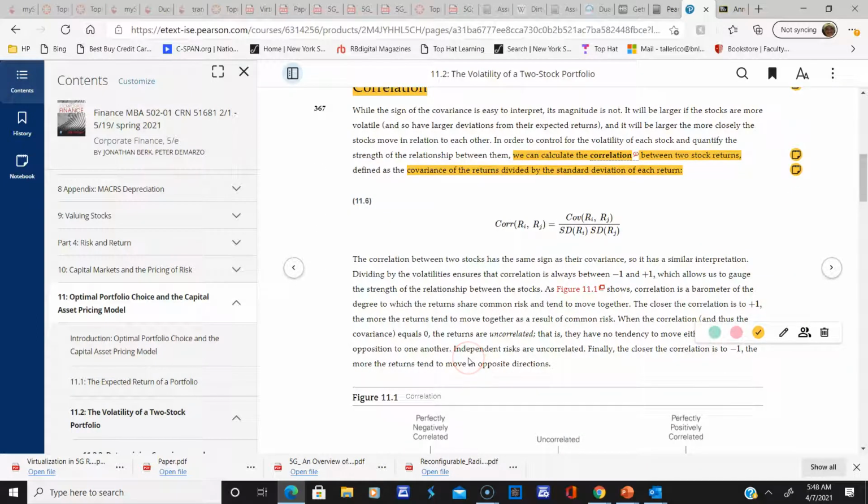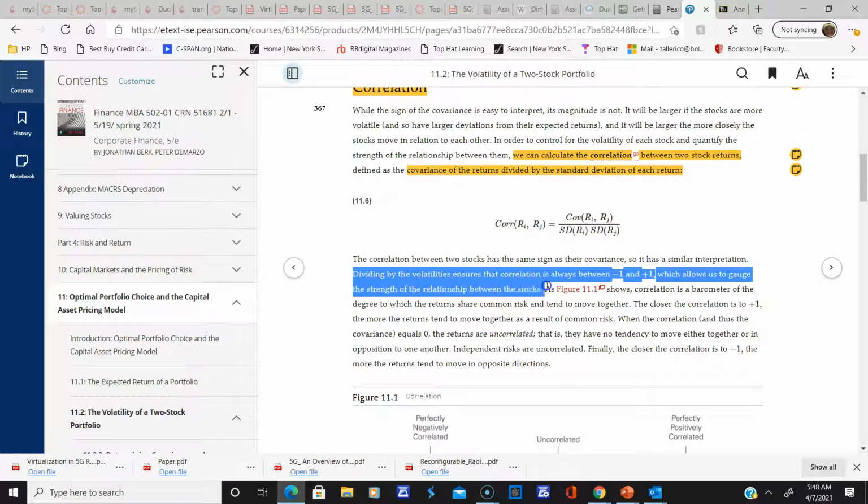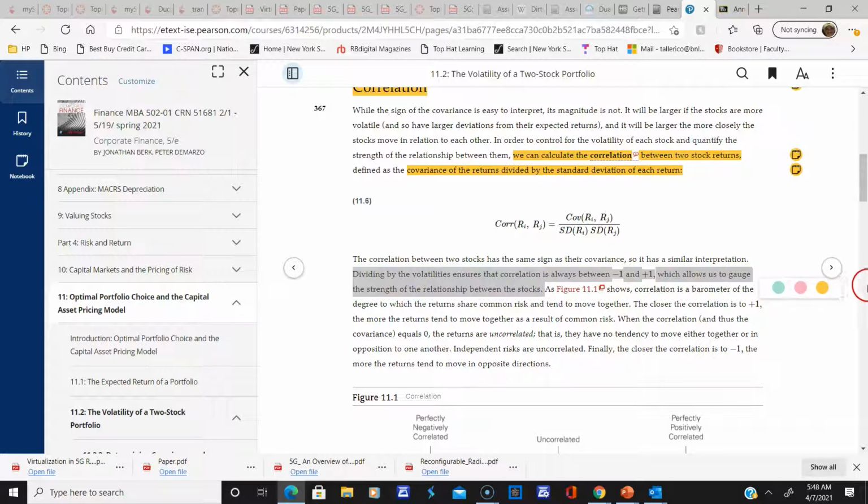The correlation between two stocks has the same sign as their covariance, so it has a similar interpretation. Dividing by the volatilities ensures that correlation is always between -1 and +1. This is real important, which allows us to gauge the strength of the relationship between the two stocks. So you can see where the statistical mathematics comes in.